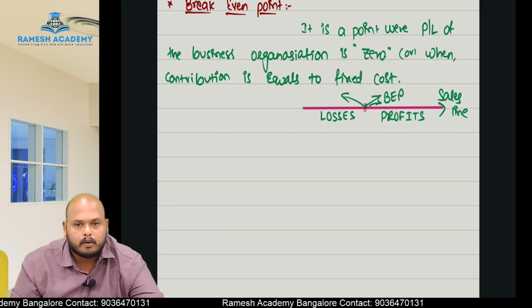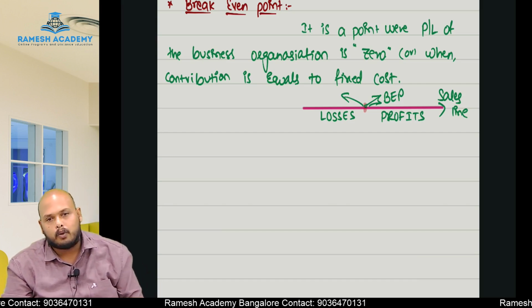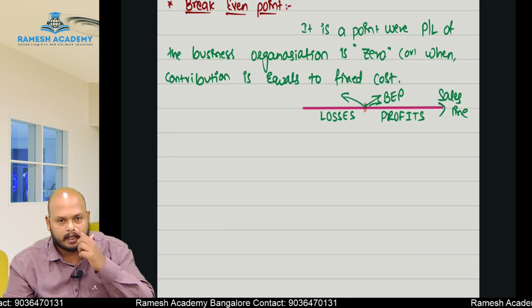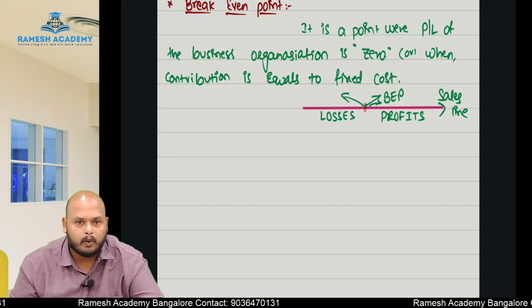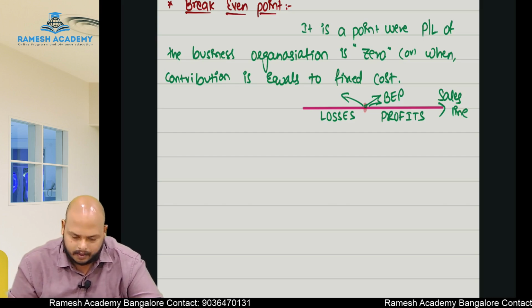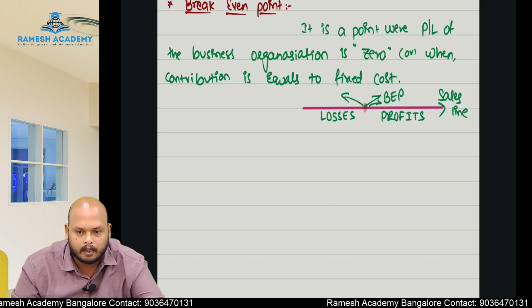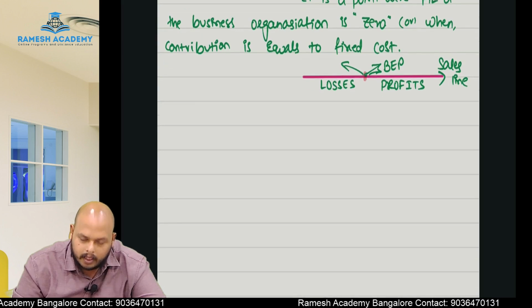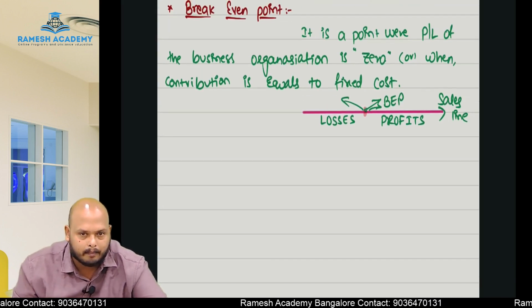So break-even point is a point exactly when there will be no profit and no loss for the business organization. Technically, at the professional level, when your contribution is equal to your fixed cost, that is also called break-even point. We will continue with the previous example only.